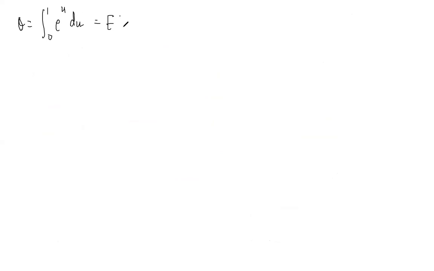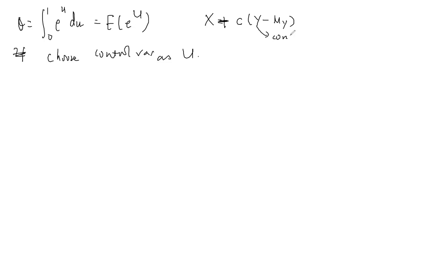So this is the expectation of u. Suppose here we choose the control variable as u. Basically, it's now like this: X plus c times y minus mu y. So this is our control variable, okay?